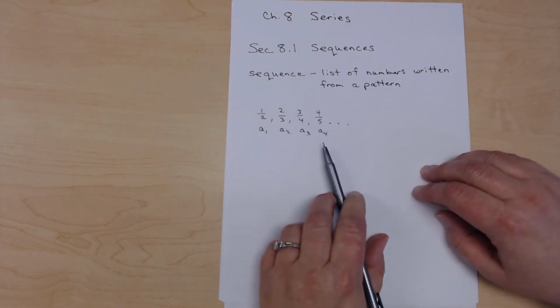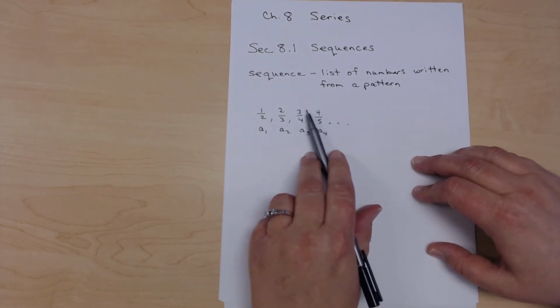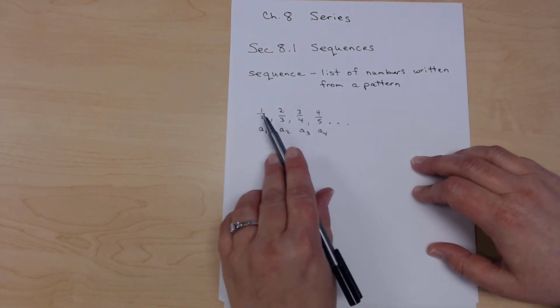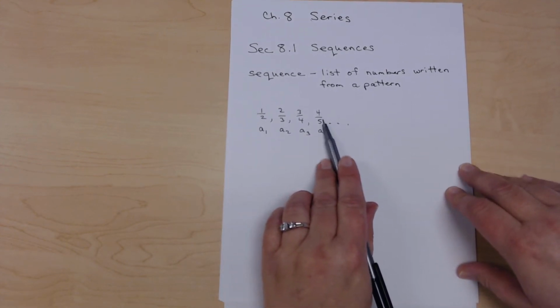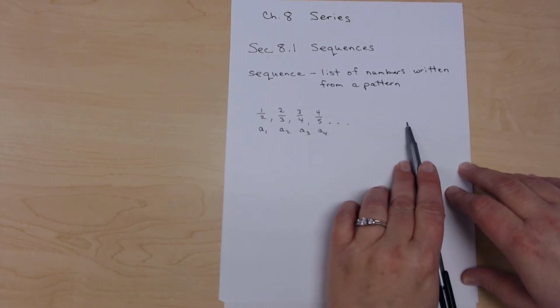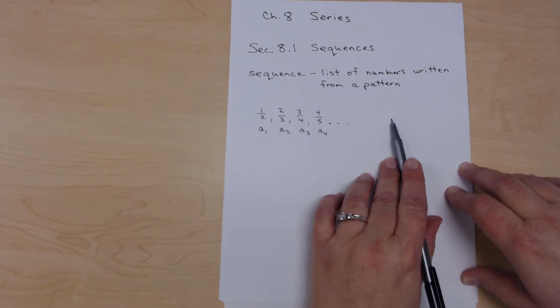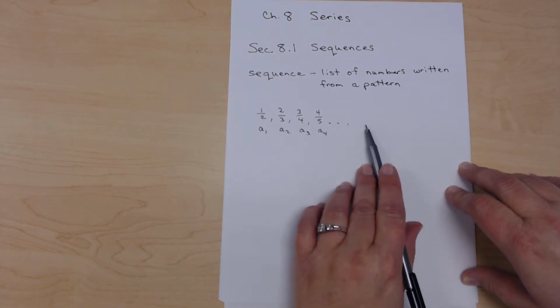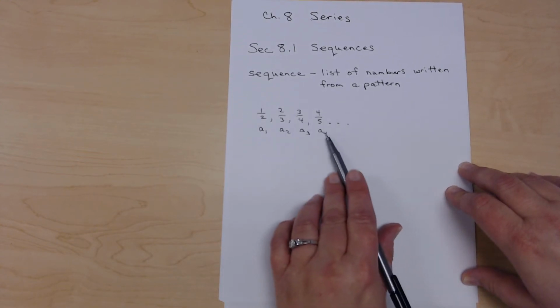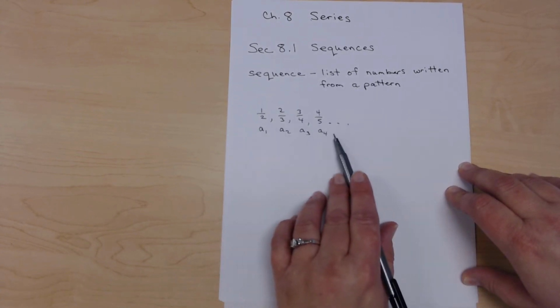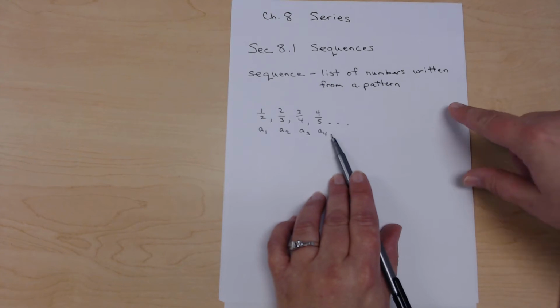Now, it's nice if you can relate it to the previous one, but it's even better if you can relate it to just its position. Because if I want the 70th term and I'm relating it to the previous one, then I got to find 69, and if I have to find 69, then I have to find 68. But if I can relate it to its location, then I can go right to 70.